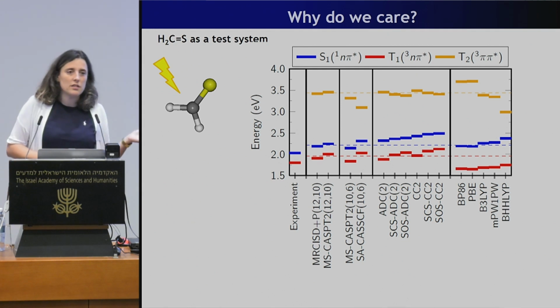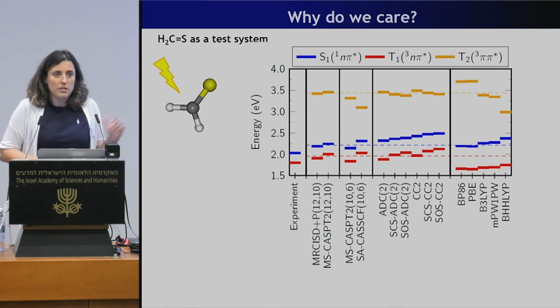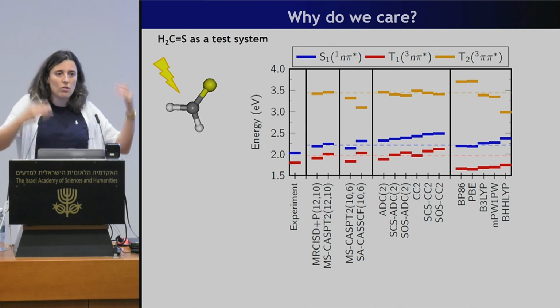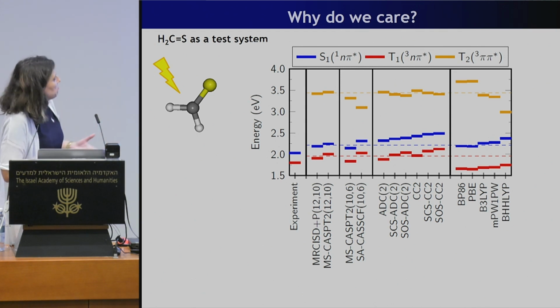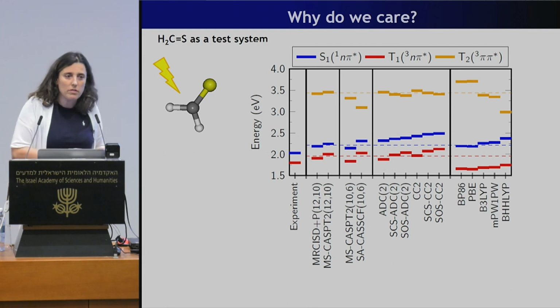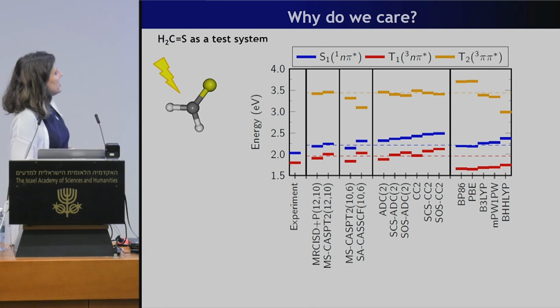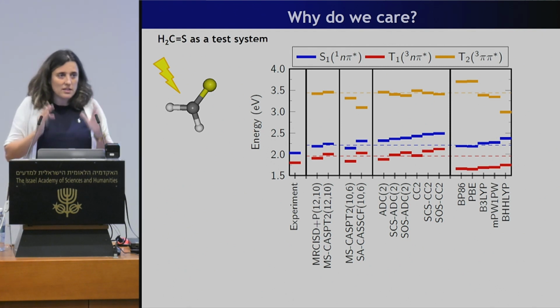In general, this is a dream situation. The 3 states are ordered in the same way. The character doesn't change. You would say, well, probably I can live with that. Most of the things are going to be qualitatively the same, so you could just live with many of these energetic descriptions.